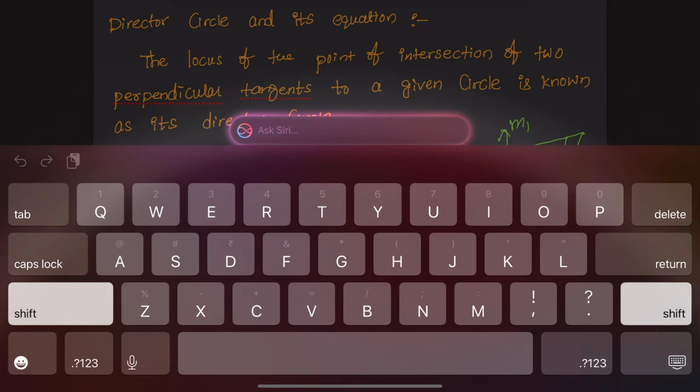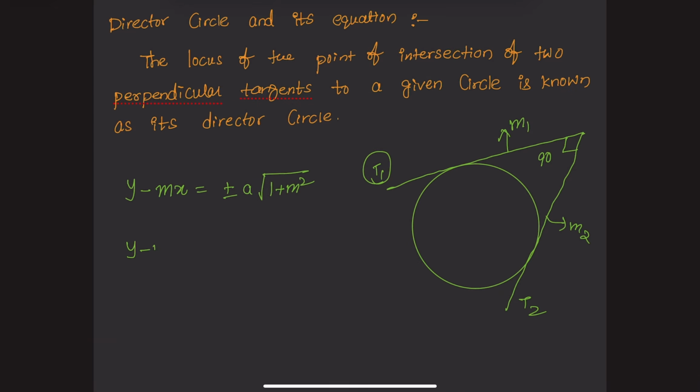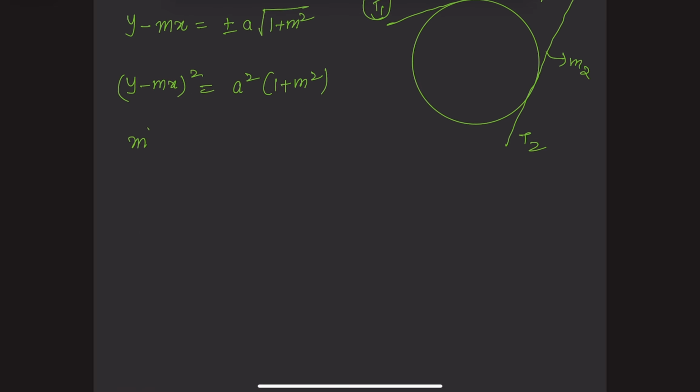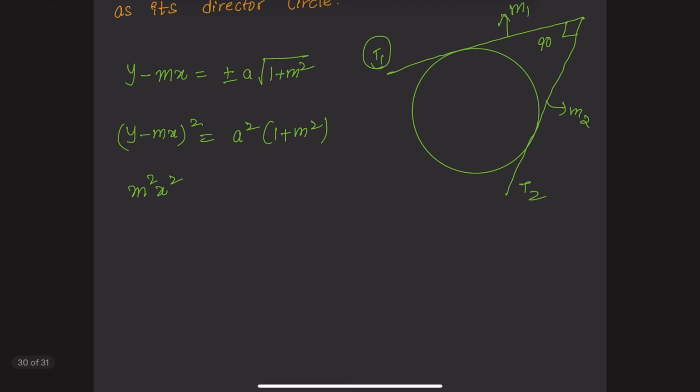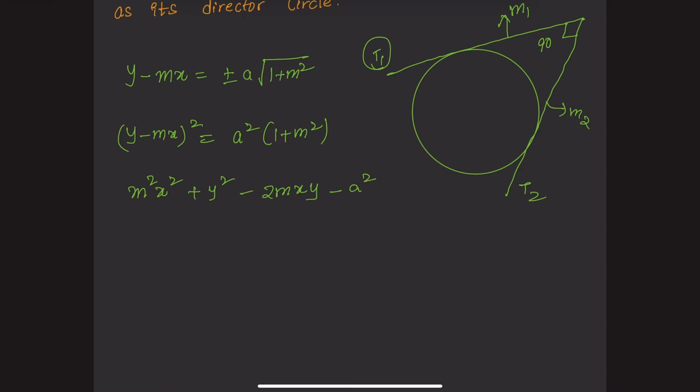Now squaring on both sides, you get y minus mx whole square is equal to a square into 1 plus m square. So this is simply m square x square plus y square minus 2mxy minus a square m square is equal to 0.